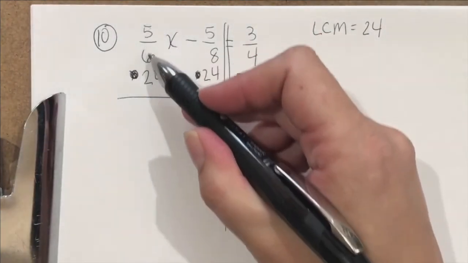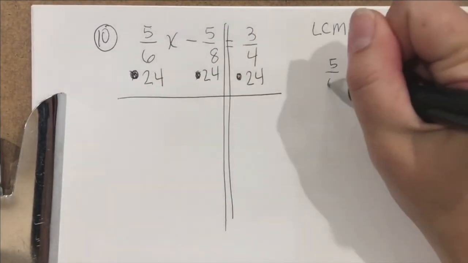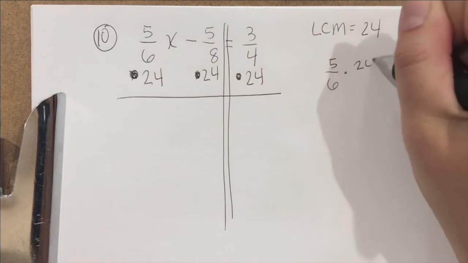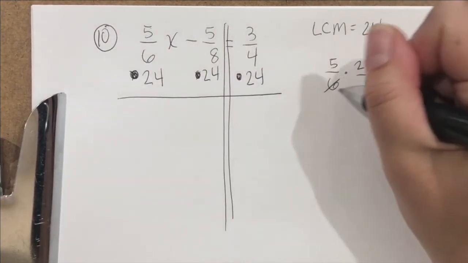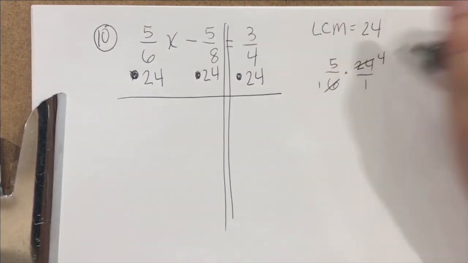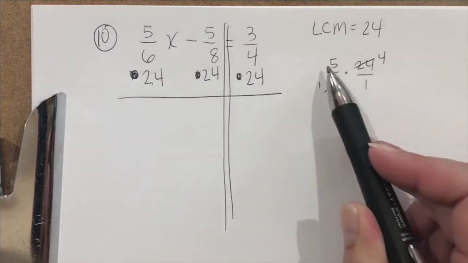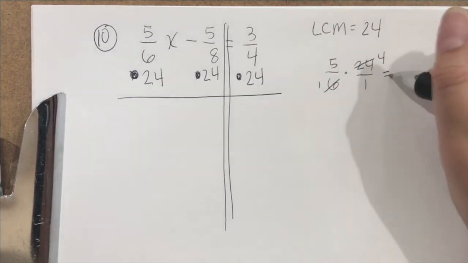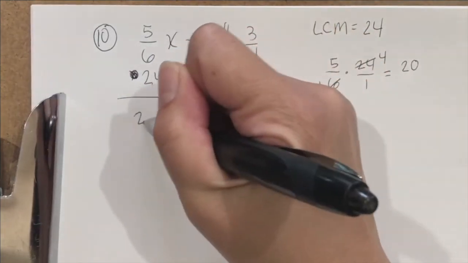So I'm going to do 5/6 times 24 over 1, because it's a whole number. 6 divided by 6 is 1. 24 divided by 6 is 4. So now I'm going to have a whole number because 1 is on the bottom. And 5 times 4 is 20. So this is 20x.